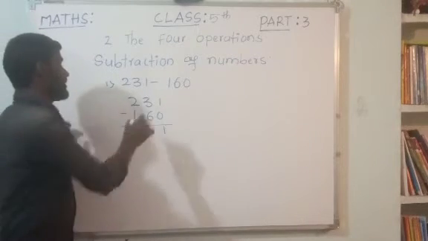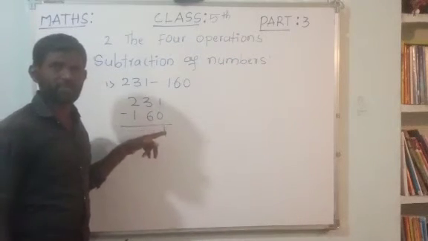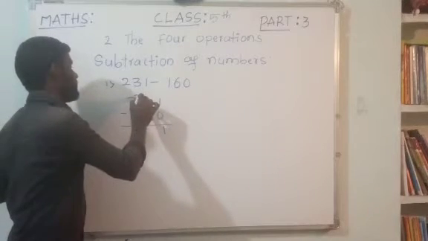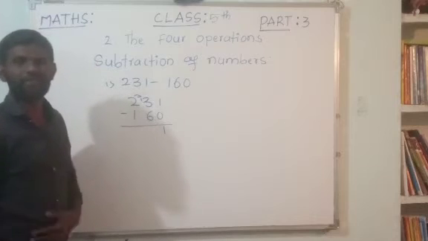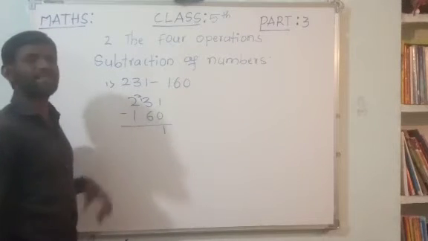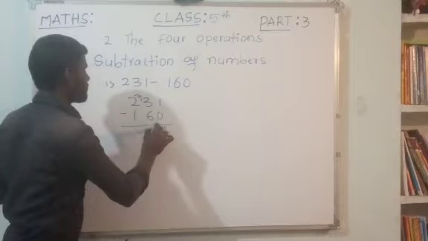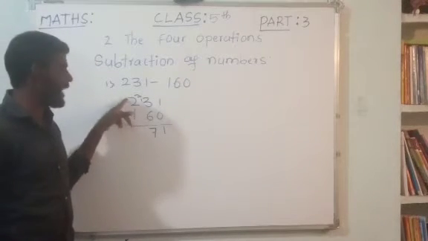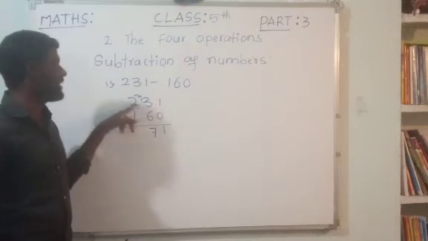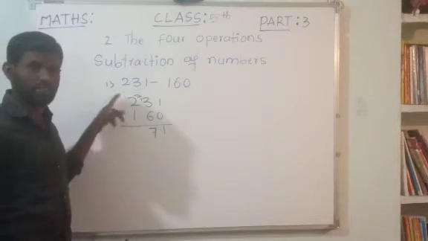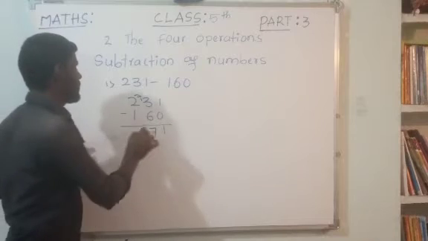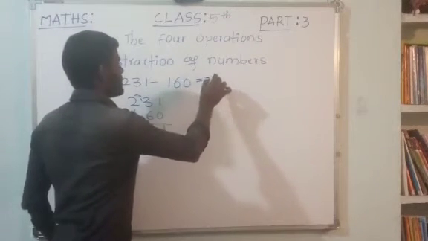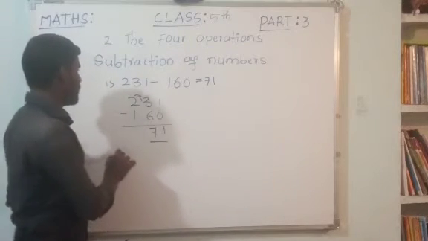Here 3 minus 6 cannot be subtracted, it is not possible. That's why take a carry from this 2. That will be 13. 13 minus 6 means 7. Next, this 2 reduces to 1 because it gave 1 carry to the previous number. 1 minus 1 is 0. That's why the answer is 71.